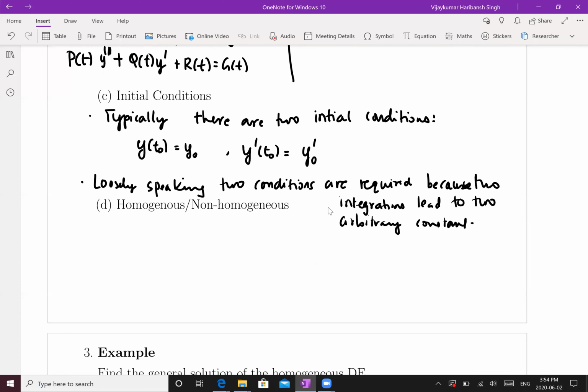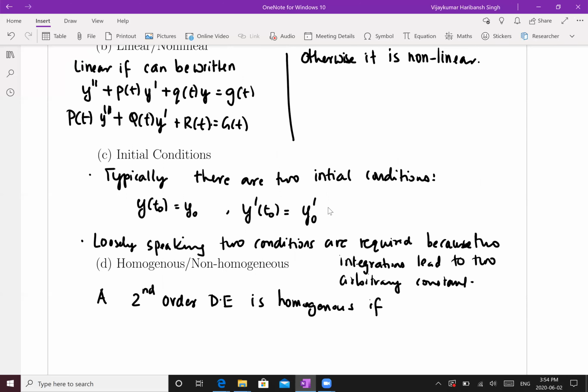Now, a second order differential equation is homogeneous if, so here there's a y missing, let me write that, if either this is 0 or this is 0, right? If it is of this form, then small g of t is 0. If it is of this form, then capital G of t must be 0.